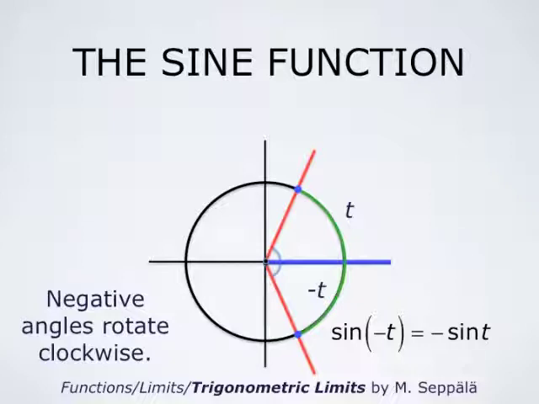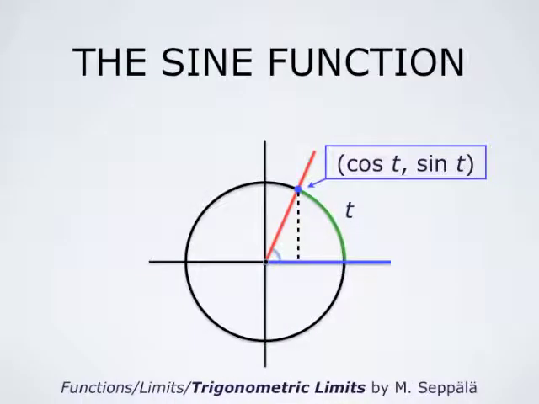Cosine of t is the x-coordinate, and for both blue dots shown here in this picture, the x-coordinates are the same. And this means that cosine of negative t equals cosine of t. So these basic properties of sine and cosine follow immediately from the definition.